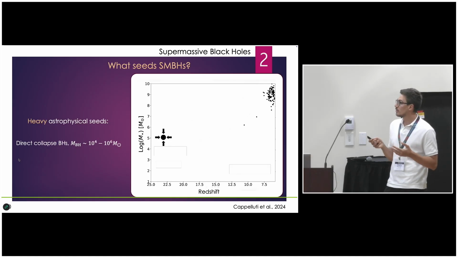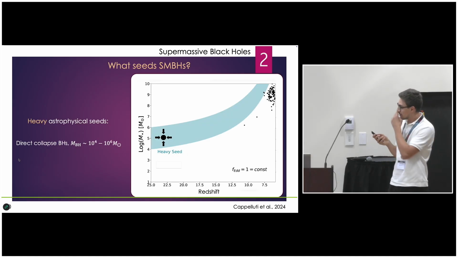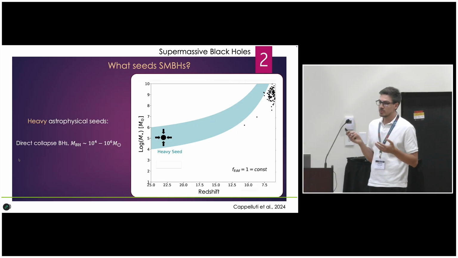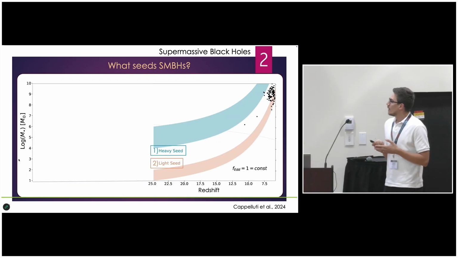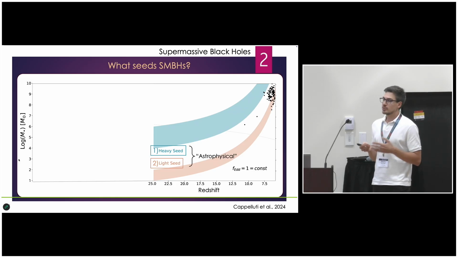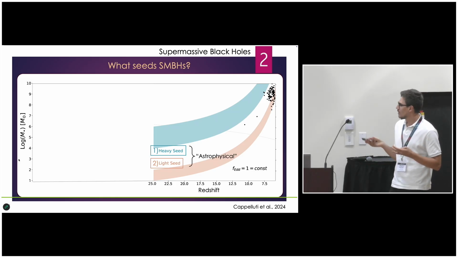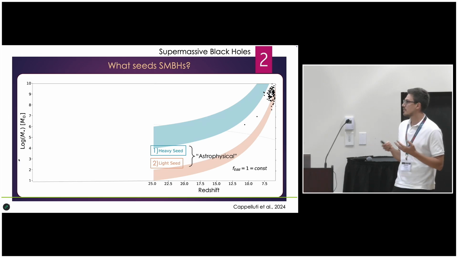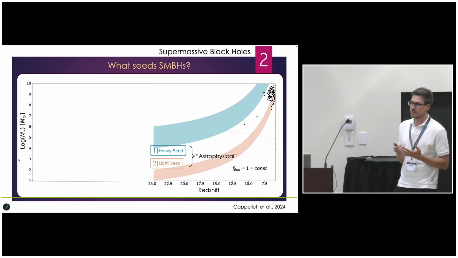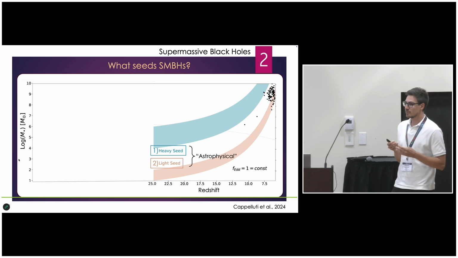So starting from 10^4 to 10^6 solar masses, it grows up to 10^9 solar masses. These are called astrophysical seeds, and they usually invoke Eddington or super-Eddington accretion rates. So they start from redshift 25, and they accrete at the maximum rate that black holes can grow for most of their life, basically.